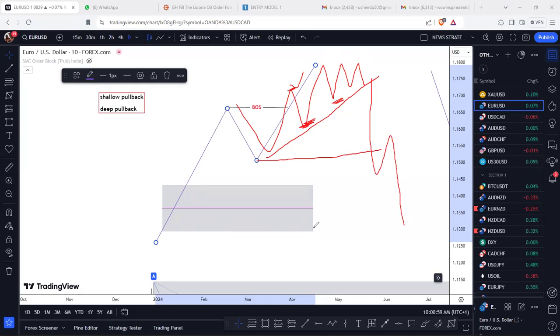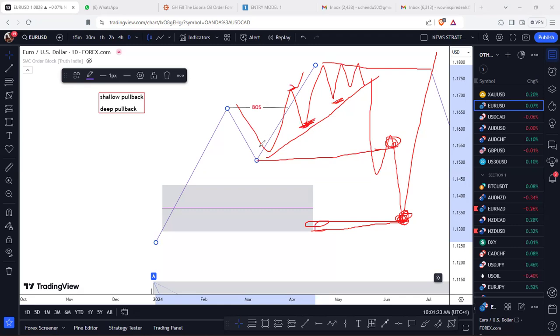If price comes back and mitigates all this imbalance, and then breaks structure above, from this point we should be looking for a buy. From here, we should be looking for a sell. From here, we should be looking for a buy. From here, we break structure and we now have what we call a major structure break.